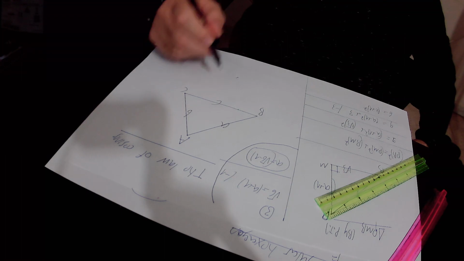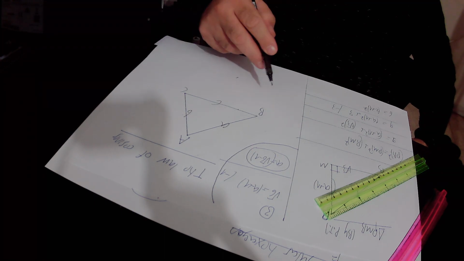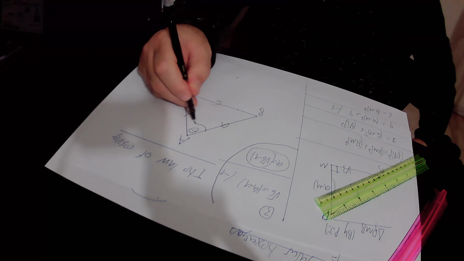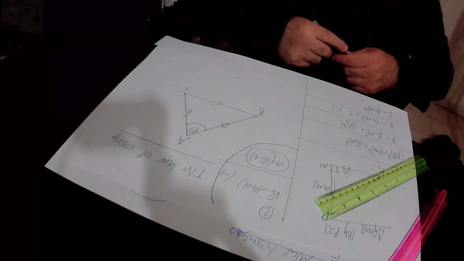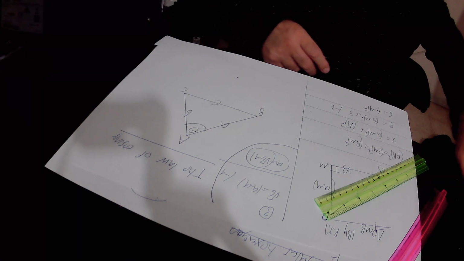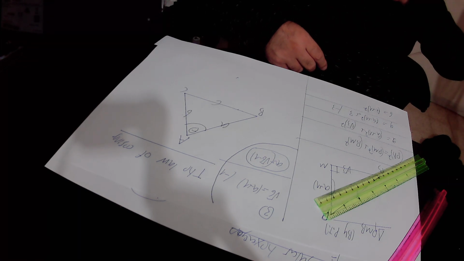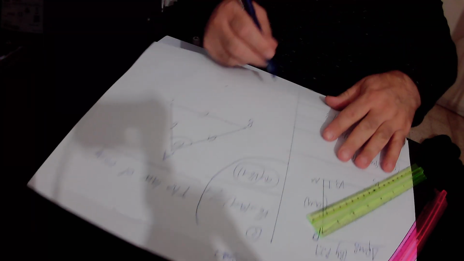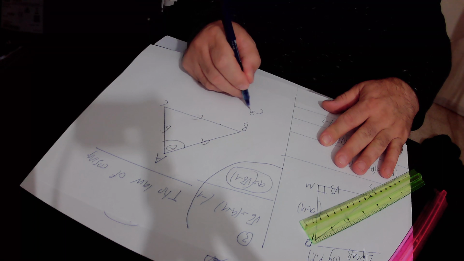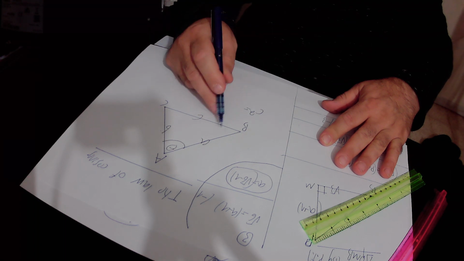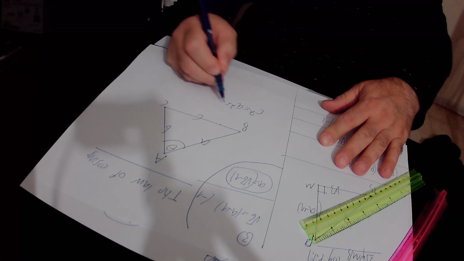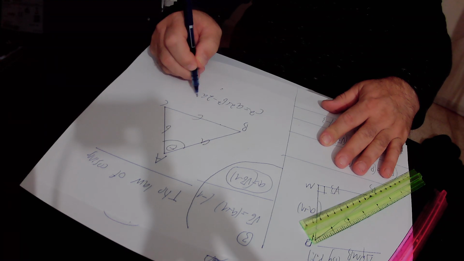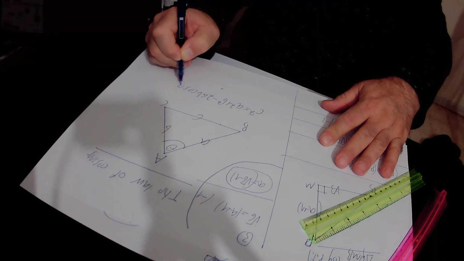And we also know that the angle between side AB and side AC is theta. Then, according to the law of cosines, which is true in any triangle, we get that c squared equals a squared plus b squared minus 2 times a times b times cosine theta.